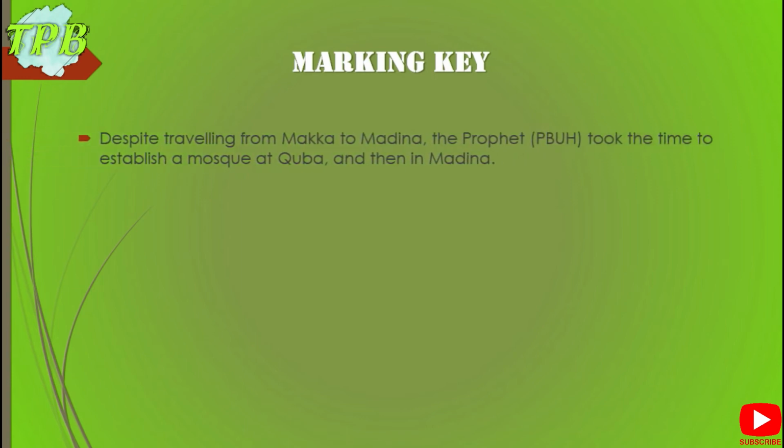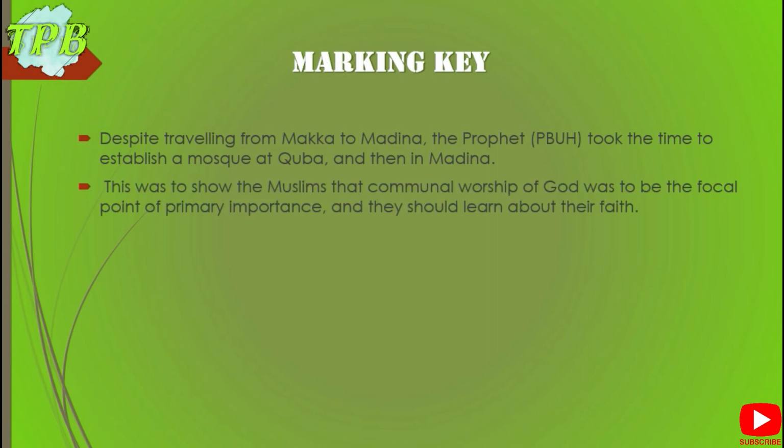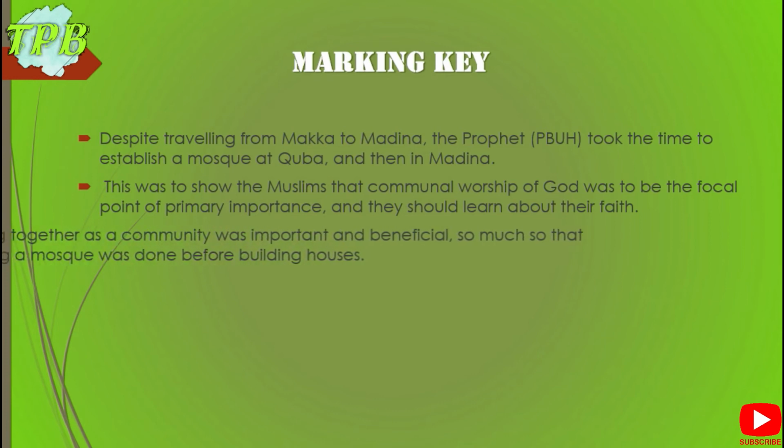The marking key of this question is asking you to write, despite traveling from Mecca to Medina, the Prophet took the time to establish a mosque in Quba and then in Medina. This was to show the Muslims that communal worship of God was to be the focal point of primary importance, and they should learn about their faith.